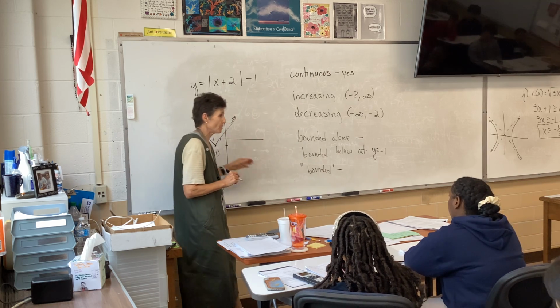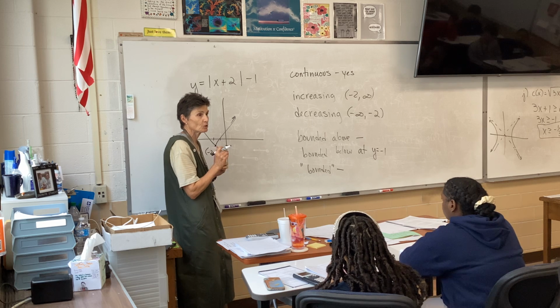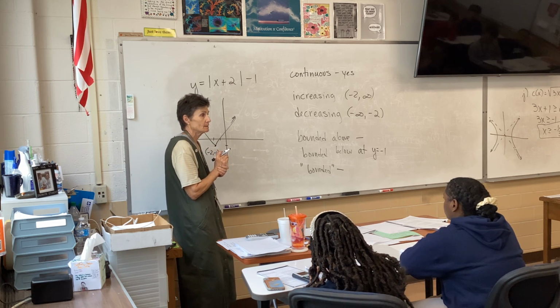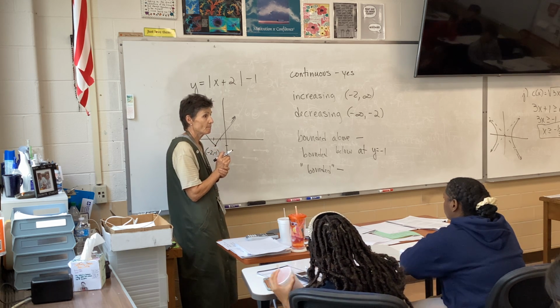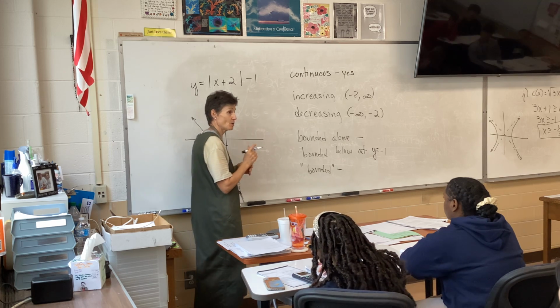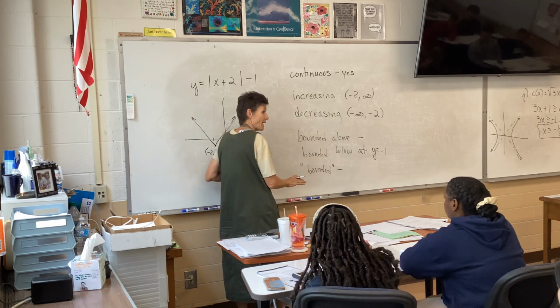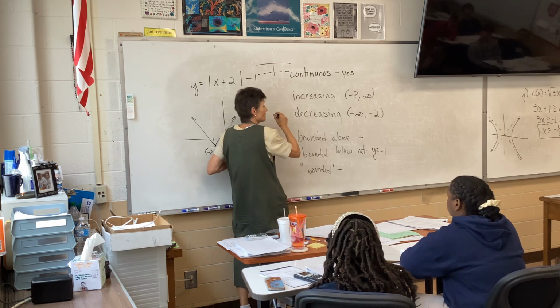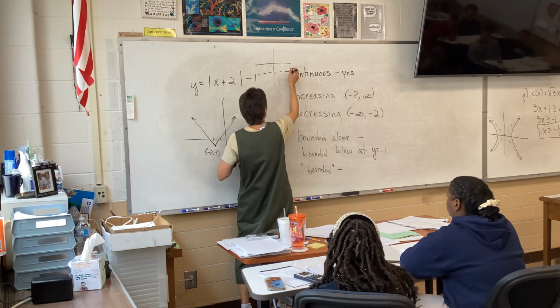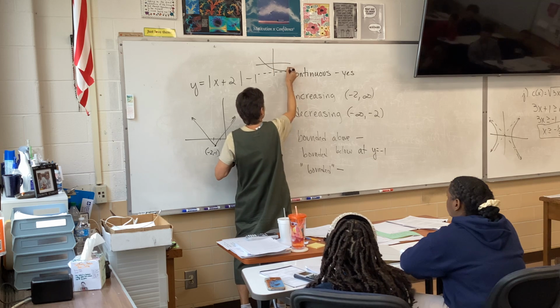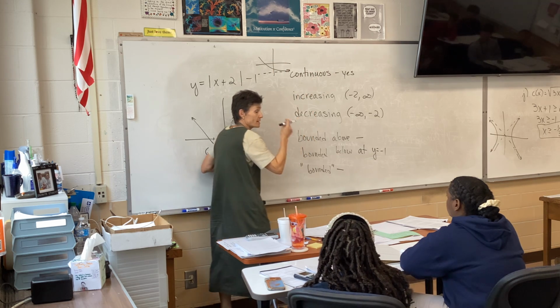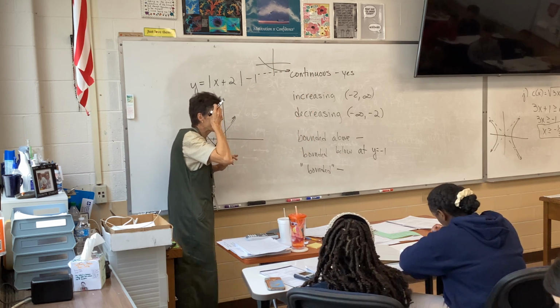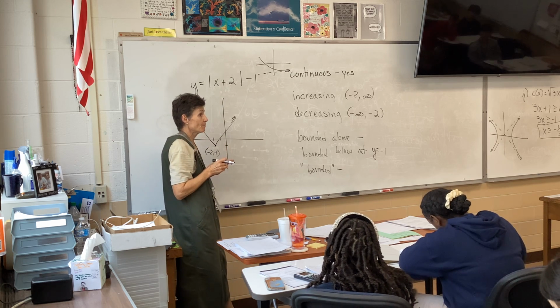Does this picture have any lines that the curve approaches but doesn't intersect? Y equals -1 is not an asymptote. It's a lower bound, but it's not an asymptote. Remember, if it's an asymptote, then the curve approaches it, and we do not have that in this case.